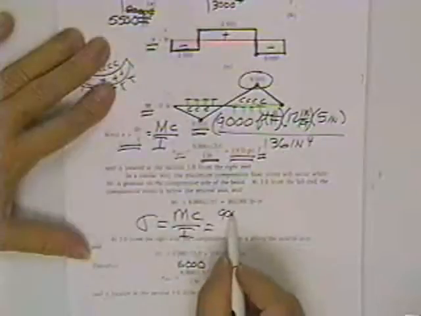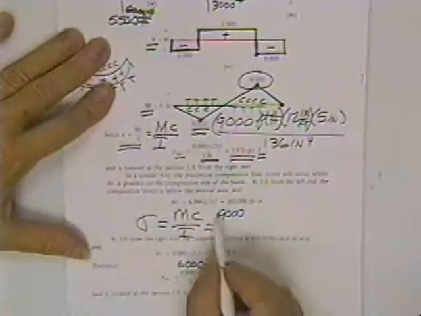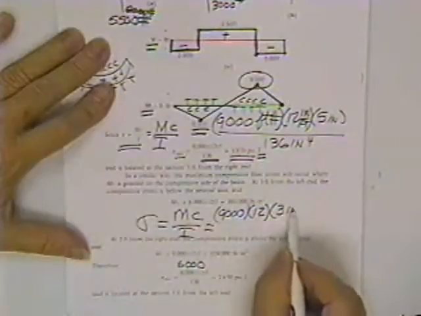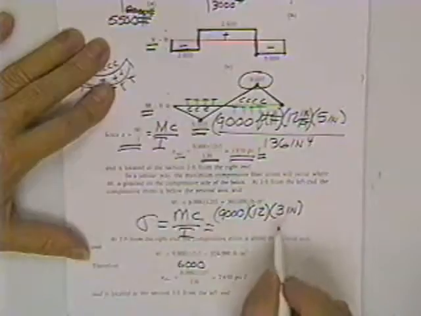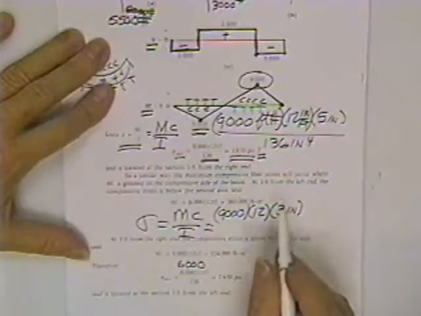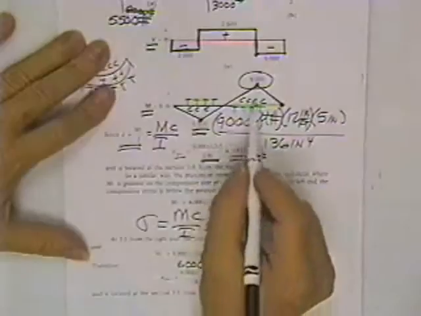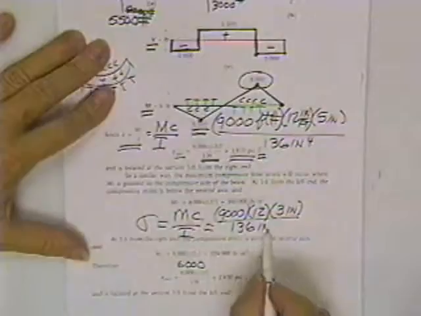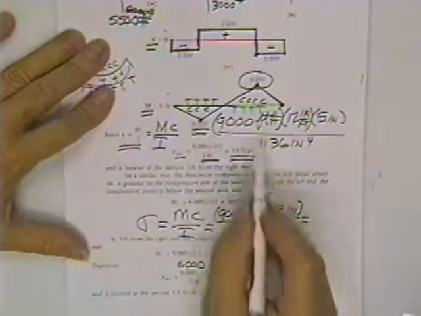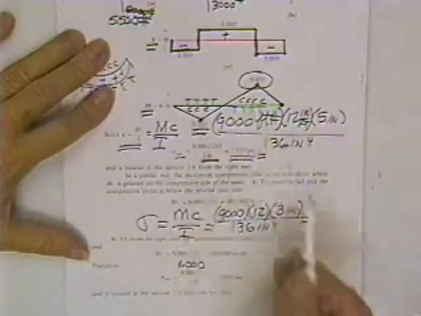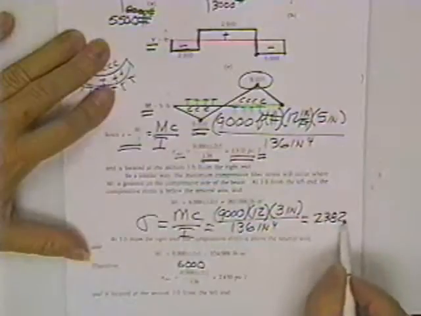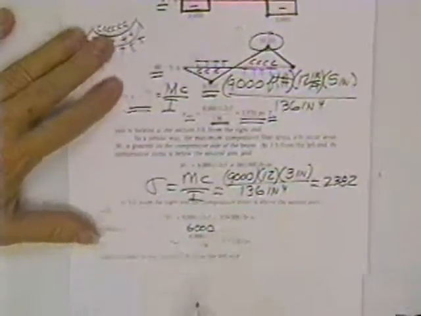If you decide to look for the moment at the 9,000 foot-pound mark times 12 inches in a foot, you'll be forced to use the 3-inch C distance because that's how far the fibers are up in the compression range. You must go to the compression side. Then you divide by 136 inches to the 4th power, and you find the true compressive stress on the top of the beam at that point. How much? 2382.